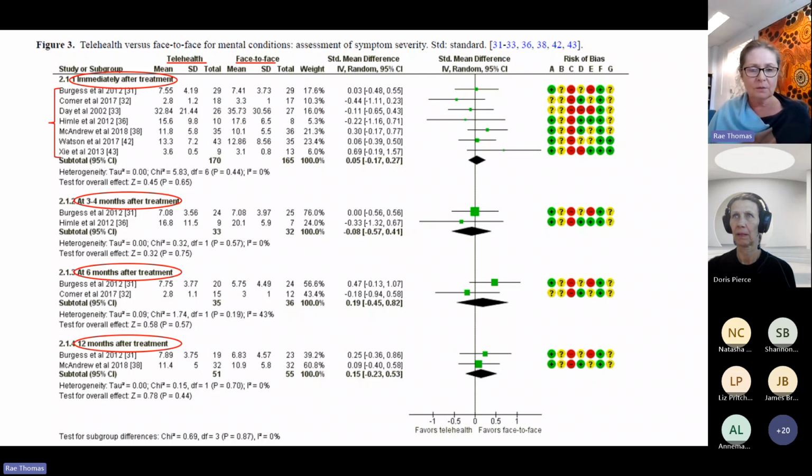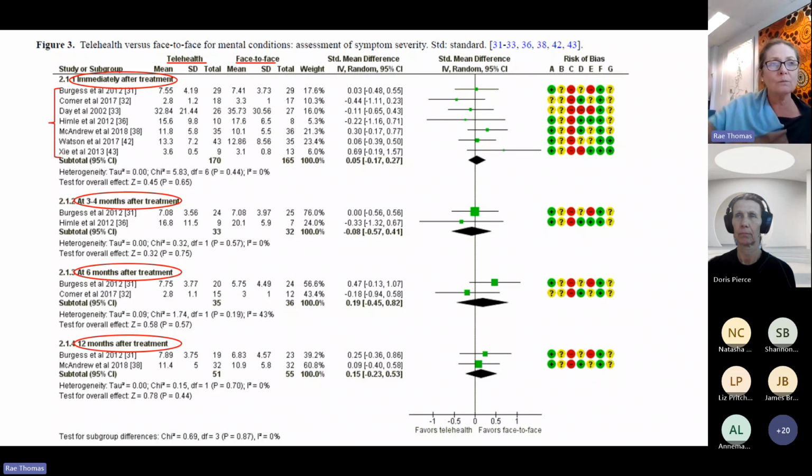The first thing we're going to talk about is the time. These circle bits here, you can see immediately after treatment, 3 to 4 months after treatment, 6 months after treatment, and 12 months after treatment. So this is all about symptom severity at those follow-up time points. Okay, that's the first thing, time.